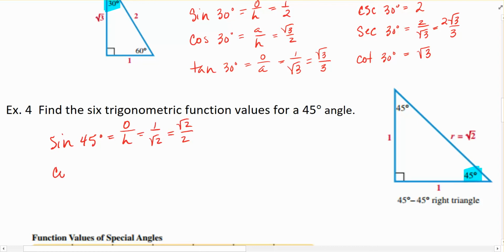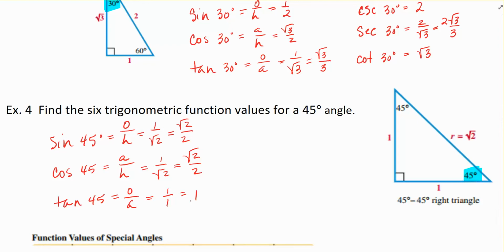The cosine of 45 is going to be adjacent over hypotenuse, which again is 1 over the square root of 2. So once again, the square root of 2 over 2. Tangent of 45 degrees would be opposite over adjacent. That would be 1 over 1, or just 1. So this goes pretty fast once we have the sides of our triangle and we're filling it in.